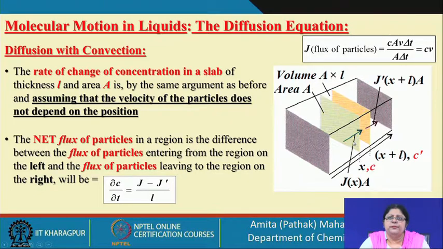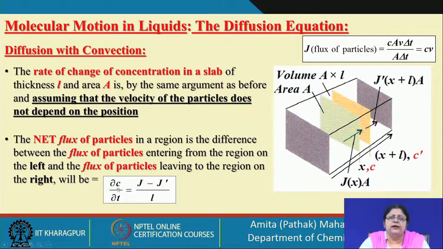If you have some particles moving into this area and some particles moving out, then the total flux of particles inside this will be what you have at J at the position x, minus that of the particles coming out at x plus L. Okay.